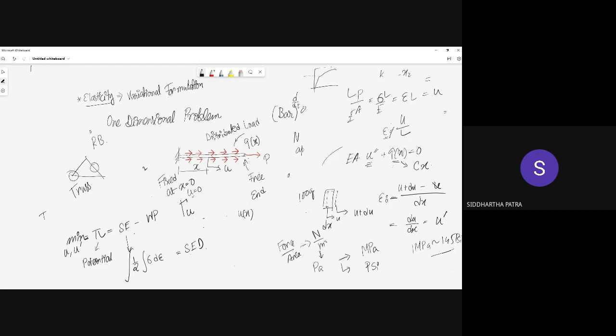Then I'll have to integrate that with respect to x in this format from 0 to L, this whole quantity dx. So to get the strain energy, I'll have to integrate the strain energy density. Now, as you know, this quantity right here is half E epsilon squared.